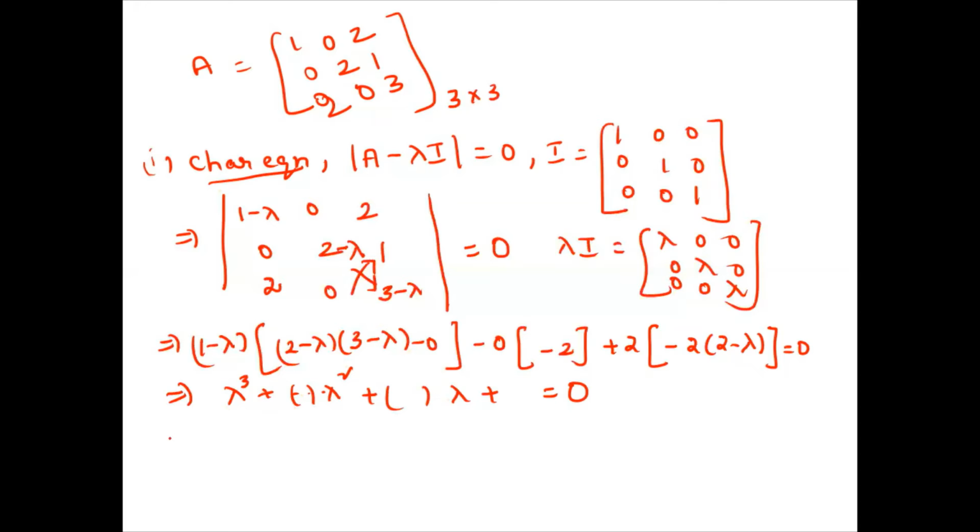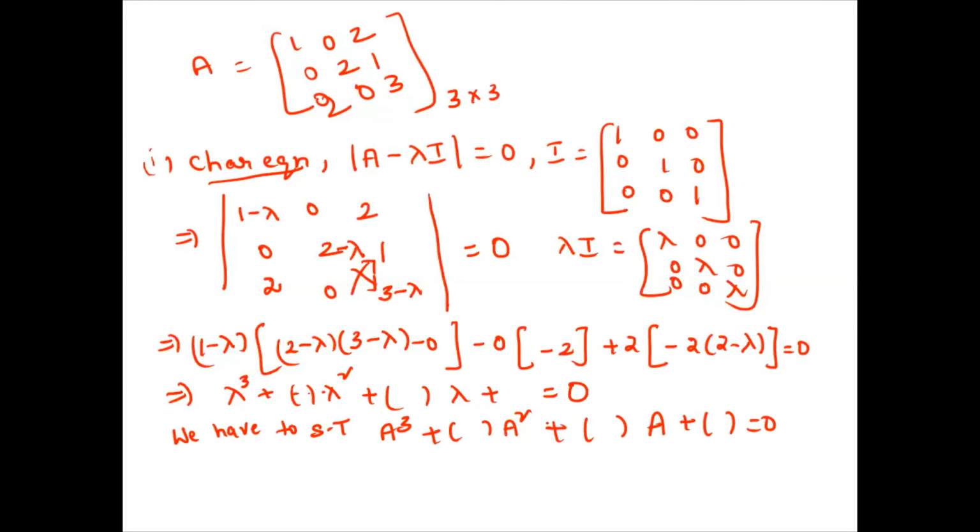So what we want to show next is that this characteristic equation is satisfied by A, the square matrix A. So we have to show that A cube plus some coefficient A square plus some coefficient into A, and in place of lambda we take some constant, is equal to 0, right?